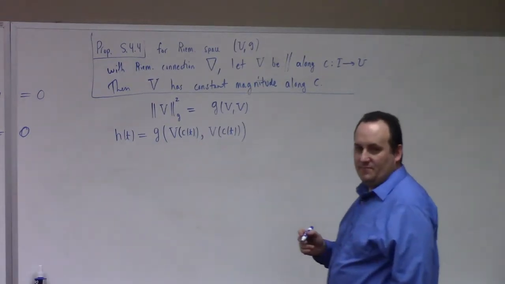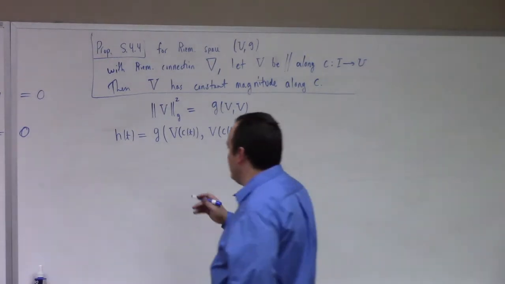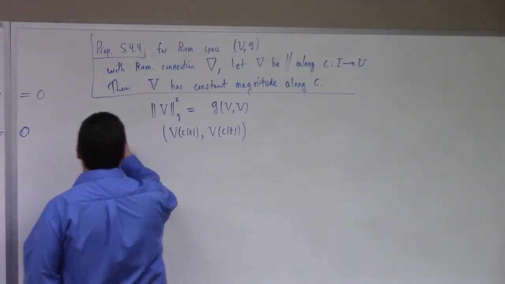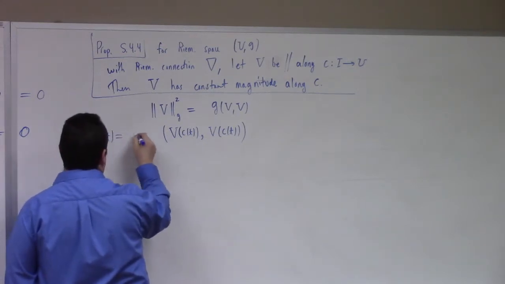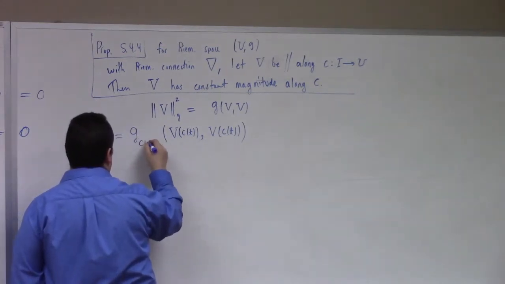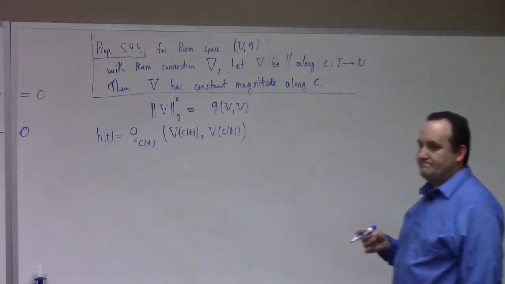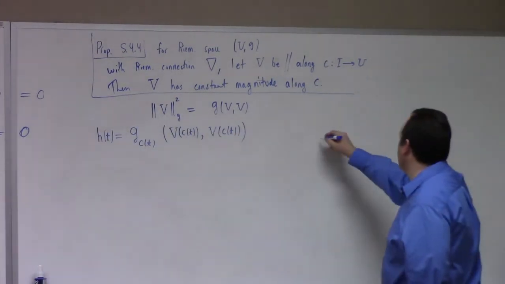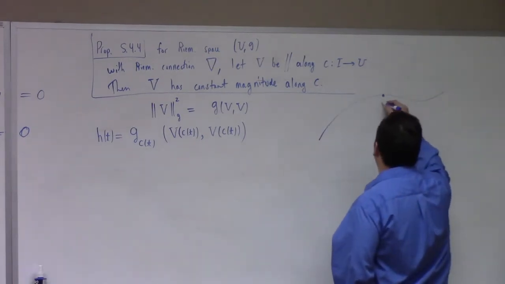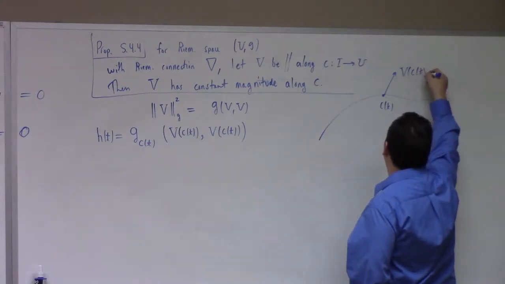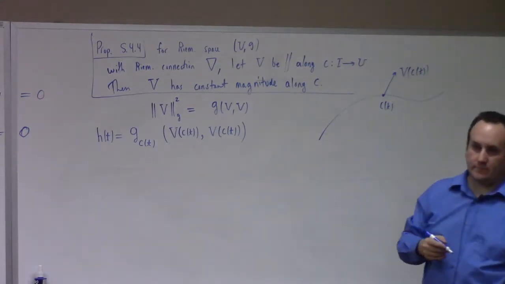And to be even more pedantic about this, it is G at what point? At the point C of t, right? That make sense?